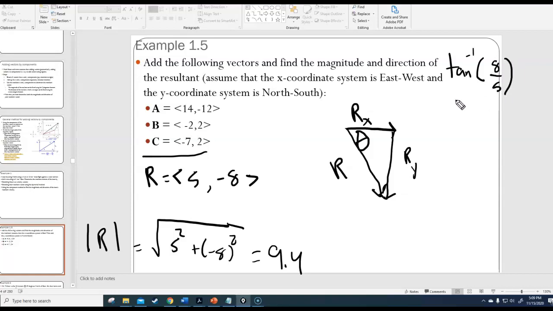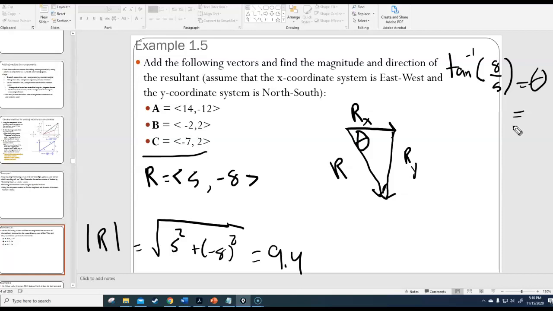This is theta, by the way. You might ask, why am I not doing the inverse tangent of -8 over 5? The reason is that sometimes the calculator can give you wrong answers if you put negative signs in for inverse tangent. And honestly, you don't really need the negative sign, because what the negative sign indicates is direction. But you don't need help with the direction, because if you draw out the picture like this, you can see what the direction is supposed to be.